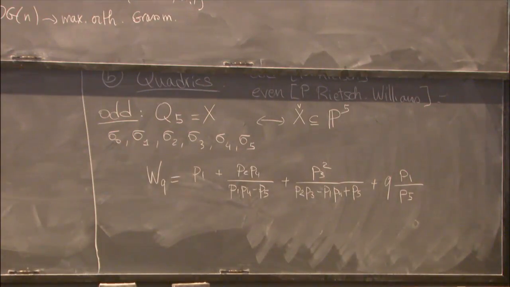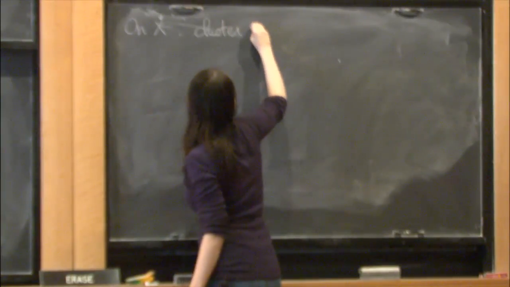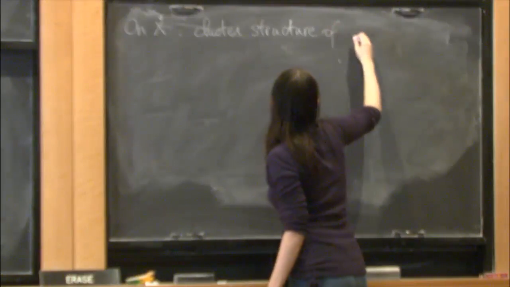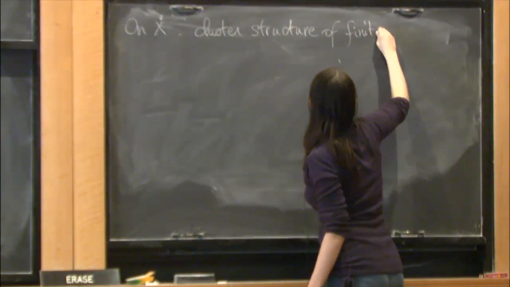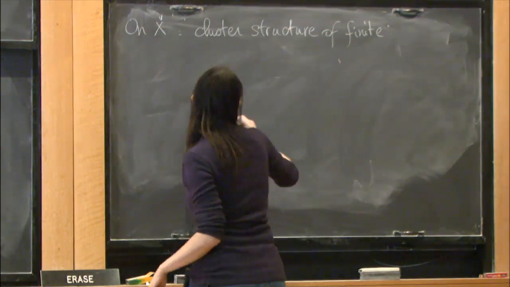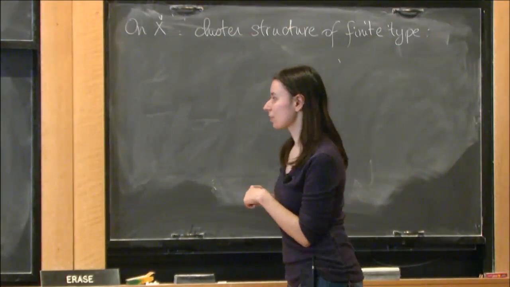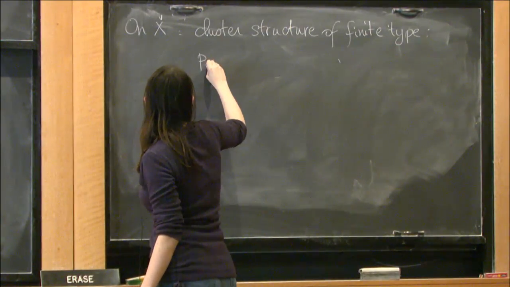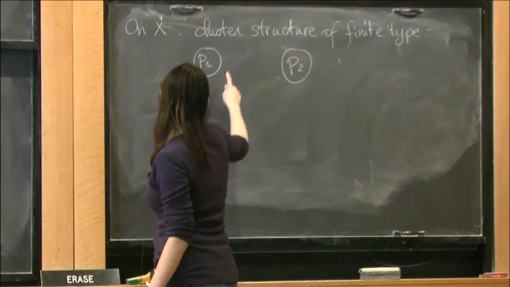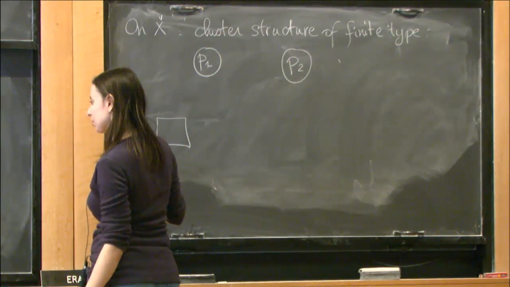So on X check, we've got a cluster structure of finite type. So that makes looking at the connections much easier. Finite type. So if you want to look at the quiver, you've got some cluster variables and some frozen, so I would put them in a square, some frozen variables.